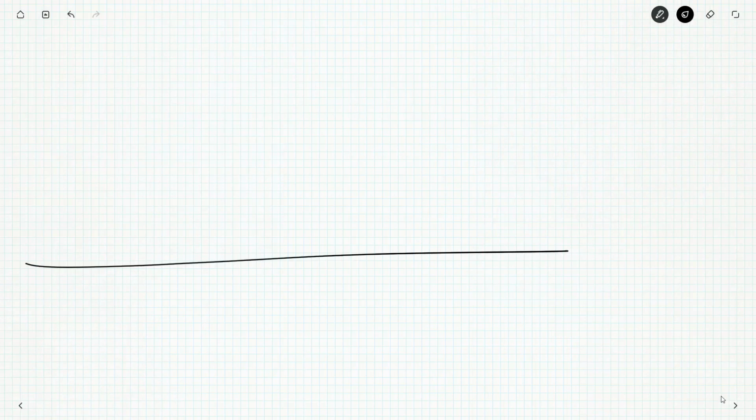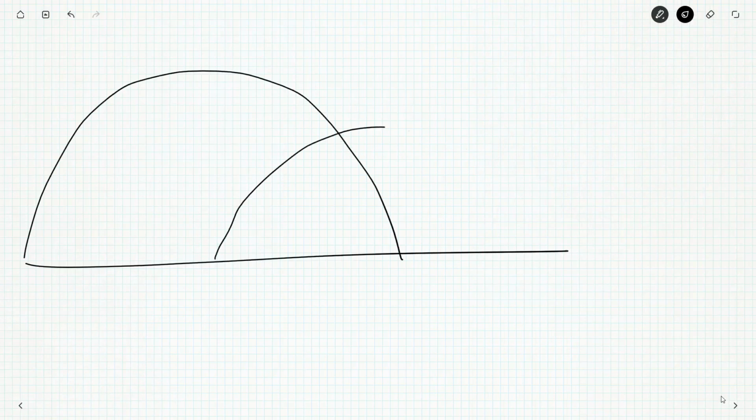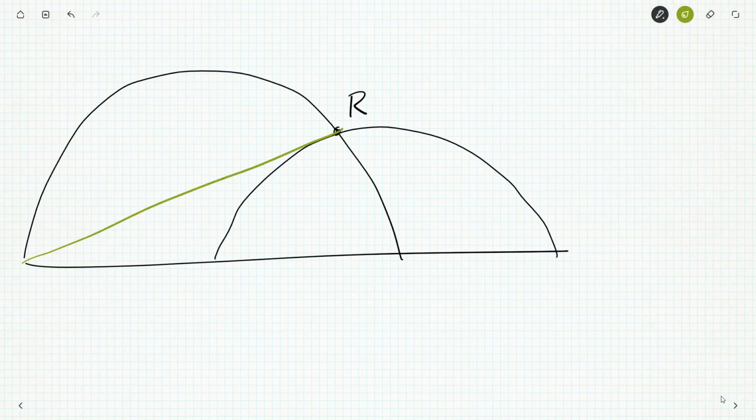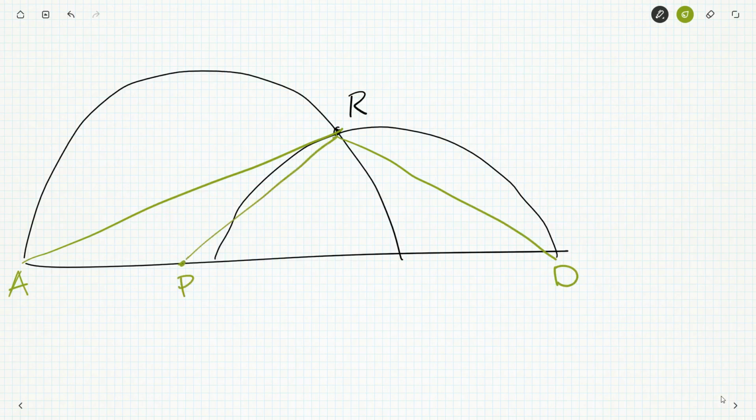All right, putting them back in the big picture. I think that completes our triangle. Now I'll just draw the main triangle there. So we've got A, R, D, and then we've got, I guess, P here and Q down here.